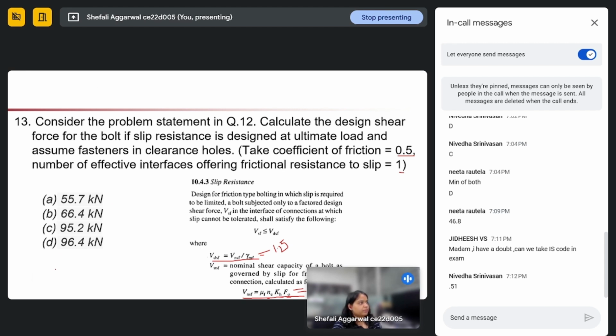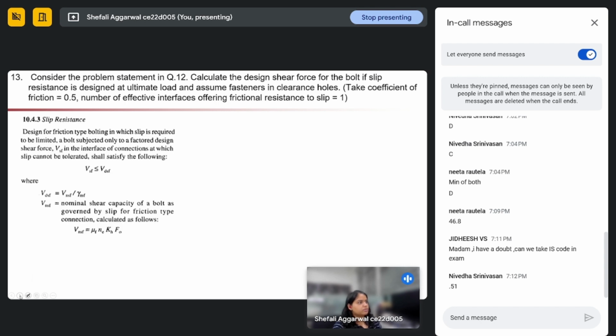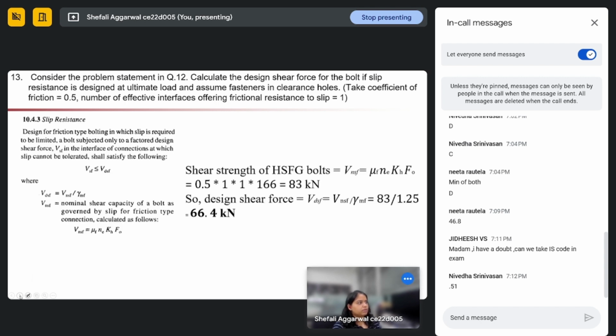Based on different terms, you can find the KH value, and in this case our KH constant will be 1 only, because I think it's already given: shear, slip resistance at ultimate load, and assume fastener in a clearance hole.